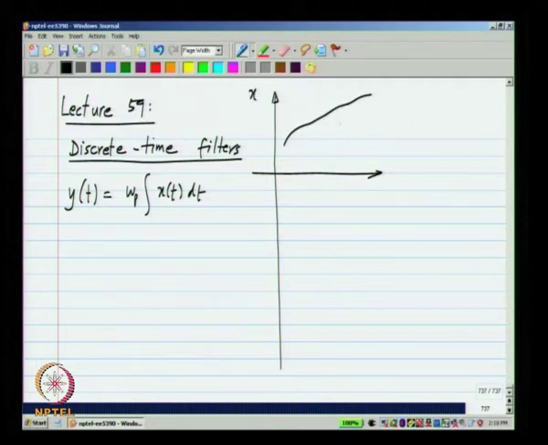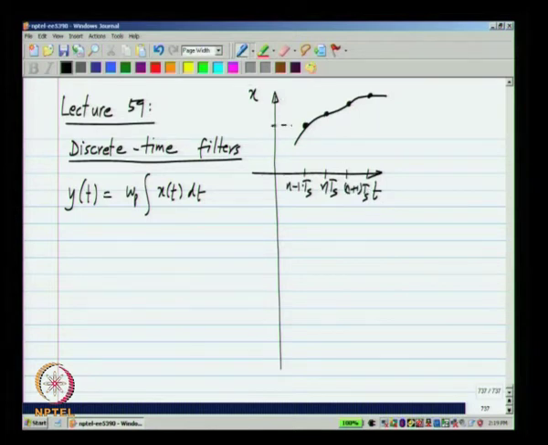Let us say x varies with time like this, and I will show the sampling instants and the sample values. Maybe I will show it like that, and let me call this the nth sample, nTs, n minus 1 Ts, n plus 1 Ts, and so on.